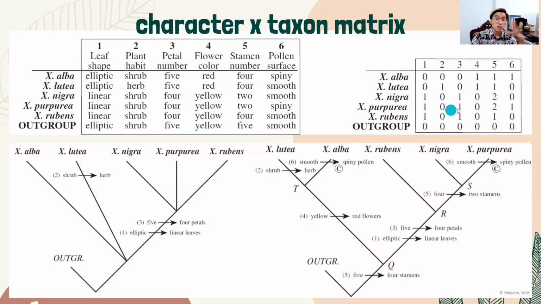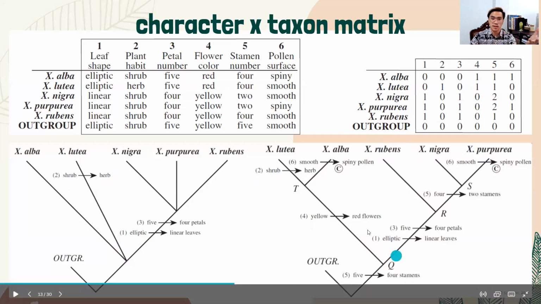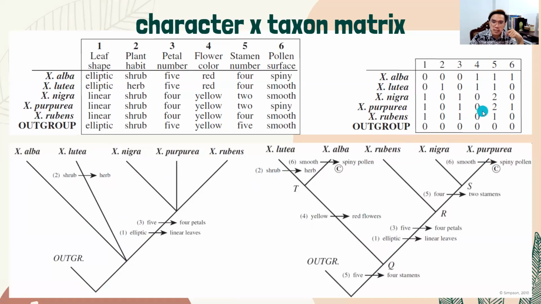Well, then we take a look at more characters. The more characters, the better. So we have characters 4, 5, 6 here. As you can see, if we take a look at X nigra, purpurea, and rubens, between the 3, it's actually X nigra and X purpurea that have more similarities, at least based on character 5, which is stamen number.